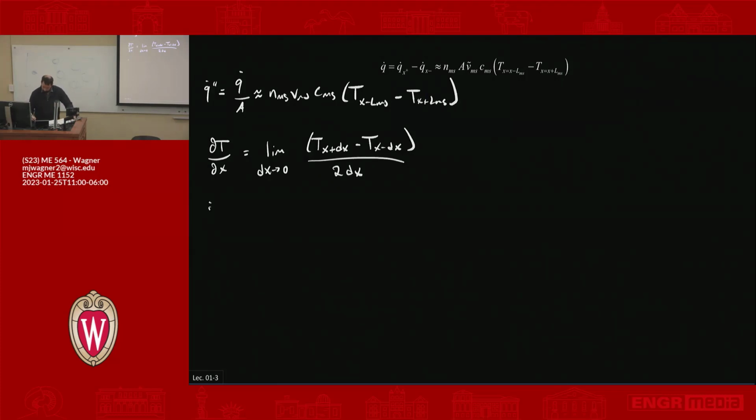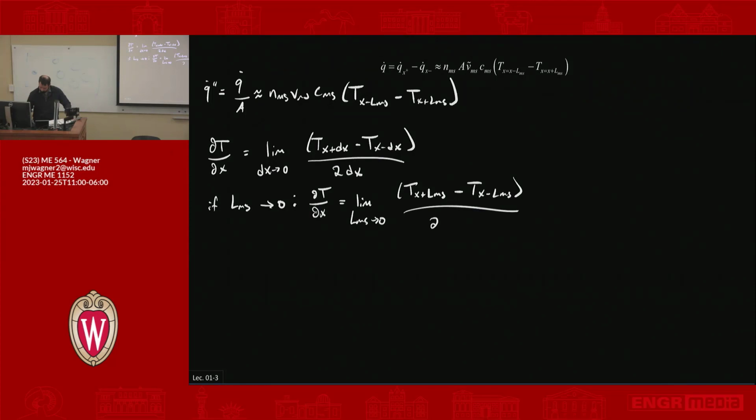So if L_ms goes to 0, then dT/dx is equal to the limit as L_ms goes to 0 of the temperatures involved: T at x plus L_ms minus T at x minus L_ms over 2L_ms. Okay, now we're starting to get closer, right?